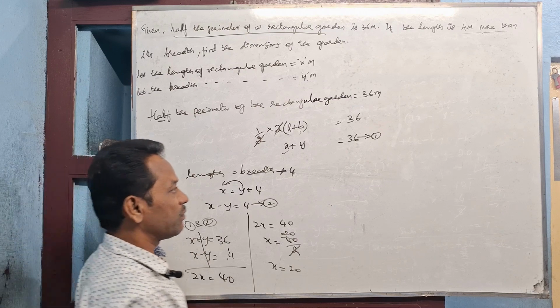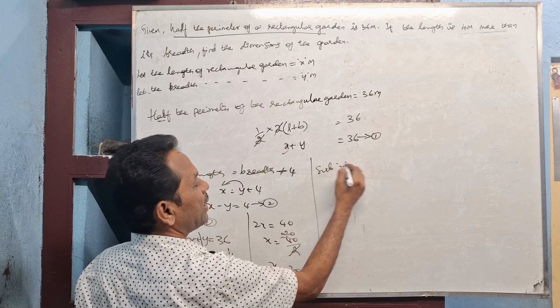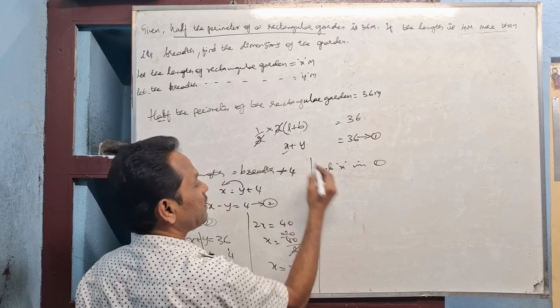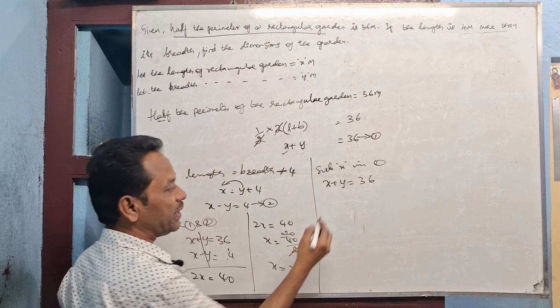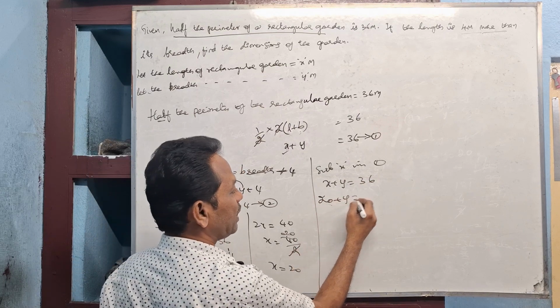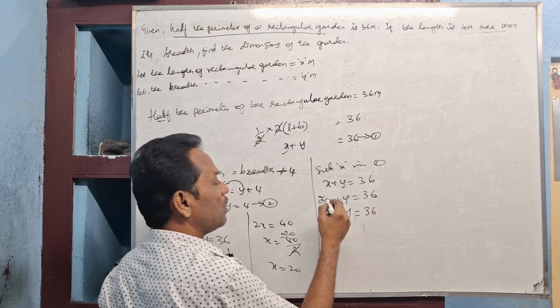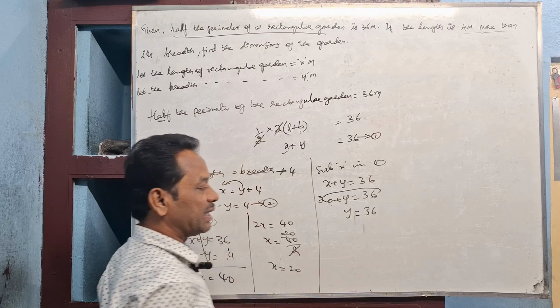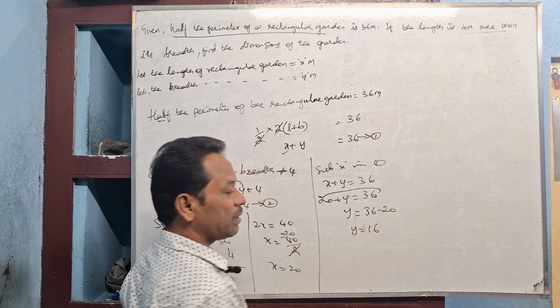Now x is found, and we substitute x in equation 1. Our equation 1 is x plus y equal to 36. The value of x is 20, so 20 plus y equal to 36. Let us take 20 to the RHS, so you get minus 20. So y equal to 16.